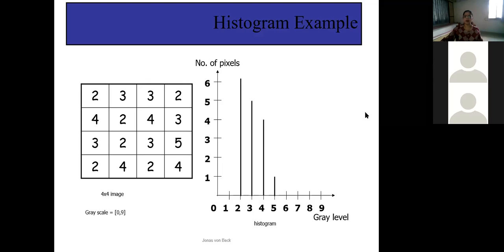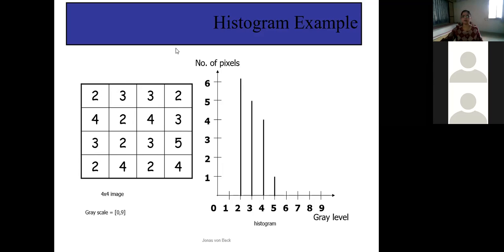Okay, so if I have half portion at 0, say first half at 0, the first two columns, and the rest two columns as 9, then 50% of the pixels will take value 0 and 50% of the pixels will take value 9.